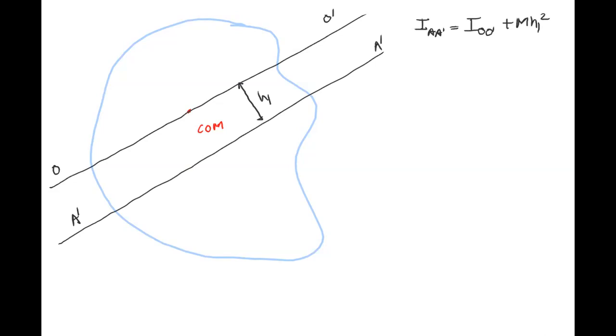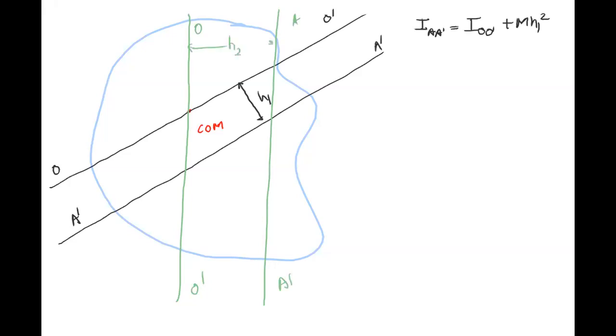Simultaneously, I can have this axis as OO dash and this axis as AA dash with this distance as H2, and again I AA dash is equal to I about OO dash plus MH2 square. I can take infinite pairs of axes. The condition is that out of these two axes, one must necessarily pass through the center of mass.